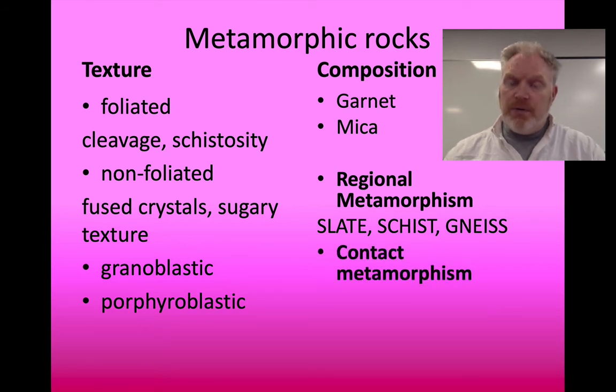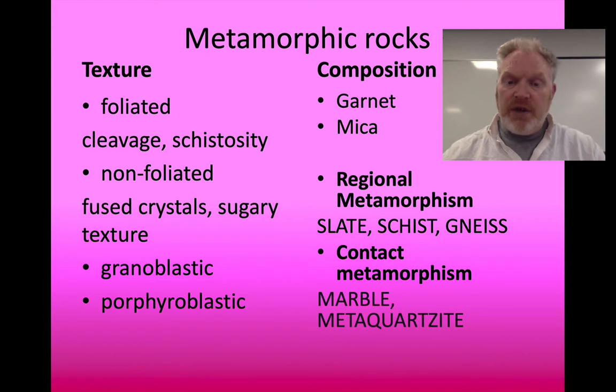In contact metamorphism, where the main agent is heat, we don't see foliation. What we can find, though, are rocks like marble or metaquartzite that have this fused sugary texture. The difference between these is their composition.